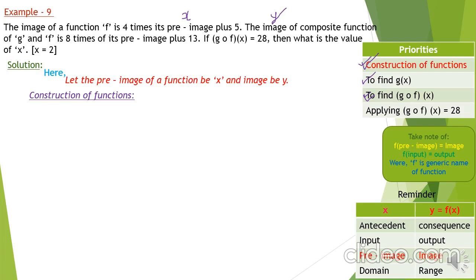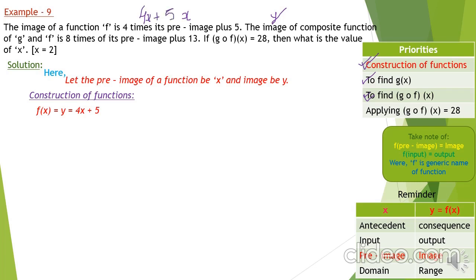The pre-image is also the input, so it must be inside the bracket of the function. So we take f(x), because our pre-image is x, and y is equal to 4x plus 5. See, 4x plus 5. 4 times the pre-image means 4x. That will be 4x plus 5. It's given in a simple way.